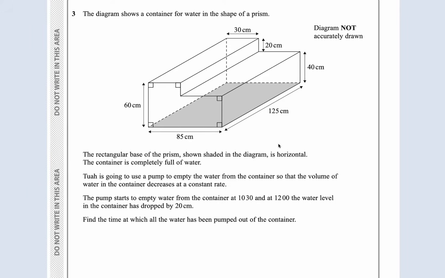Tua is going to use a pump to empty the water from the container so that the volume of water in the container decreases at a constant rate. The pump starts to empty water from the container at 10:30, and at 12 the water in the container has dropped by 20 centimeters. Find the time at which all the water has been pumped out of the container.